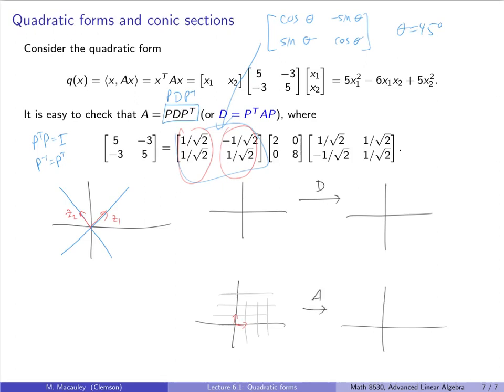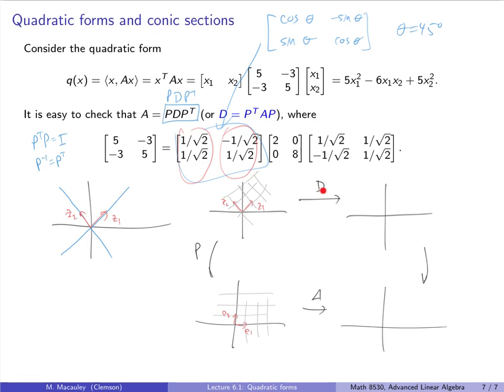It sends these squares to parallelograms, but it's easier to visualize that if you change basis, so P is your change of basis matrix, and that sends, so this is E1 and E2, and this is now Z1 and Z2. I know I didn't draw it exactly perfectly, but this grid is rotated by 45 degrees.